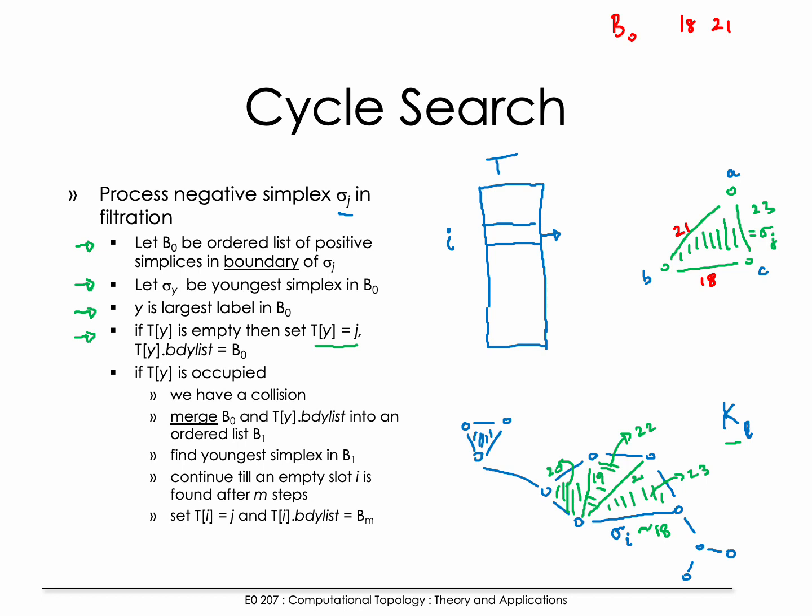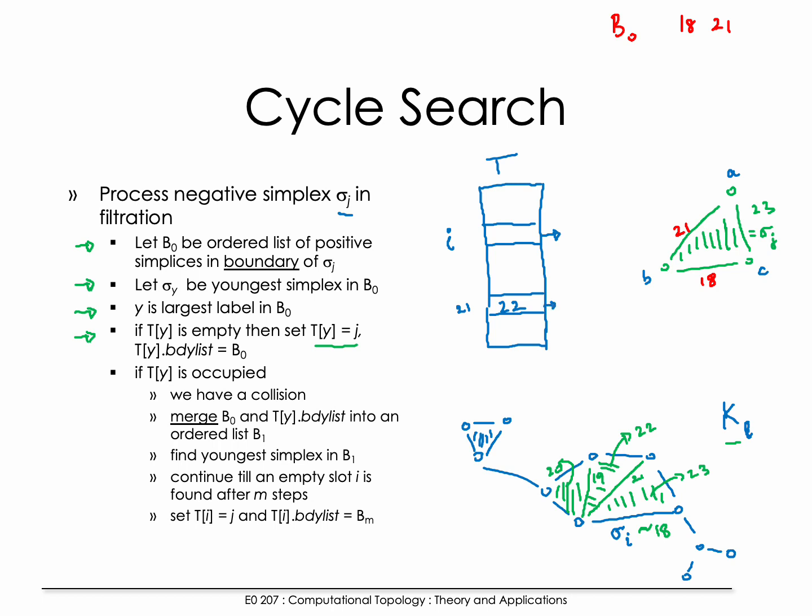So when you look at the entry corresponding to 21, this would already include 22, and it would already have a boundary list that will consist of some edges, right?